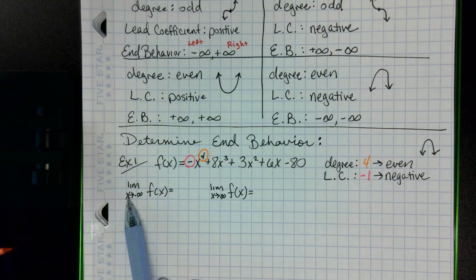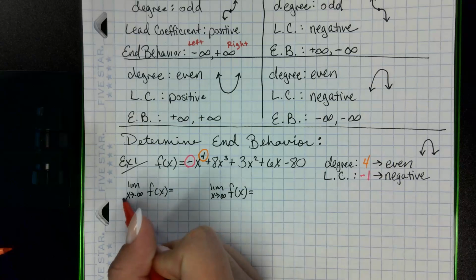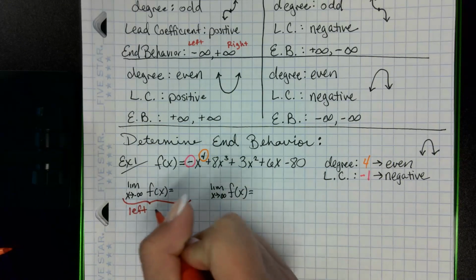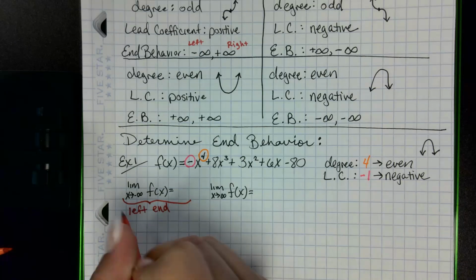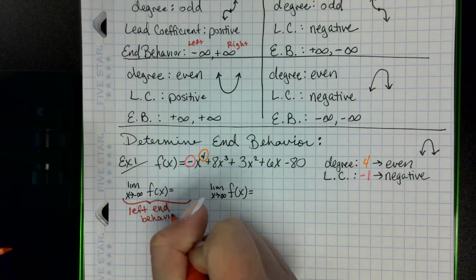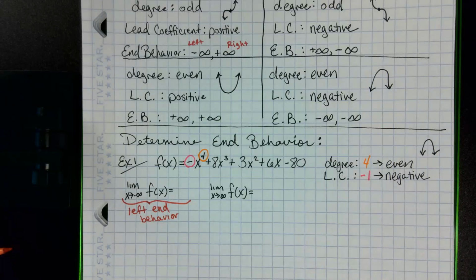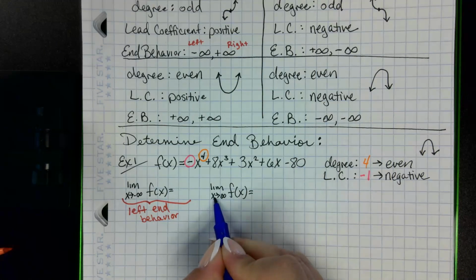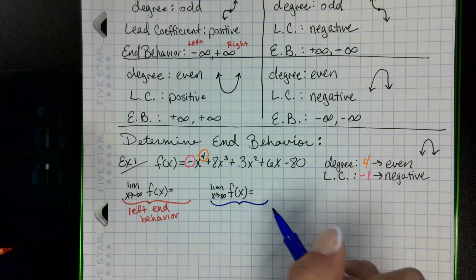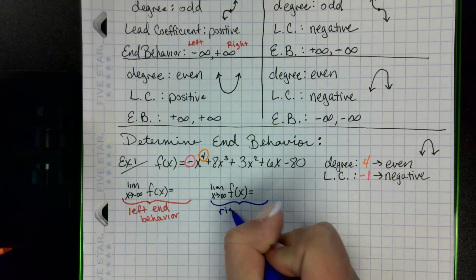So limit as x goes to negative infinity. That just means the left end behavior. What's happening as you move towards the left? And this limit as x goes to positive infinity is telling us from the origin we're moving to the right side.